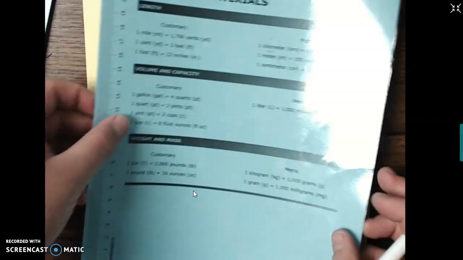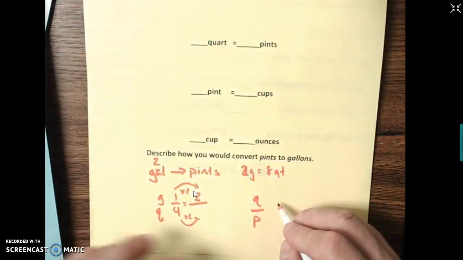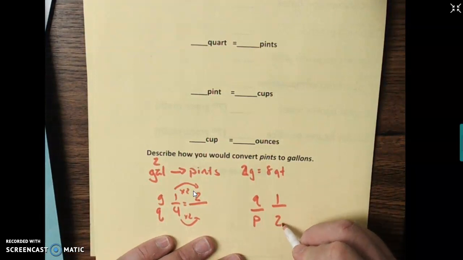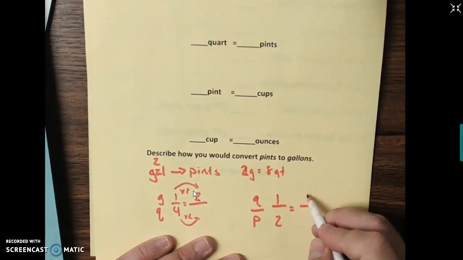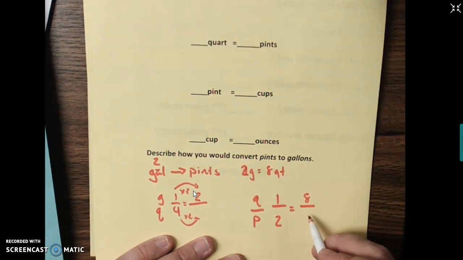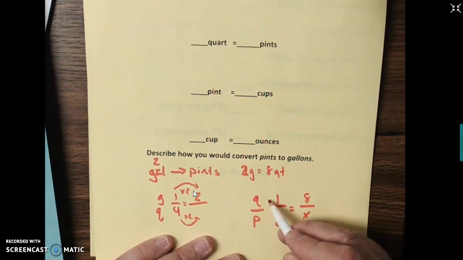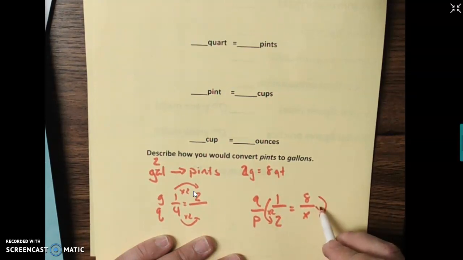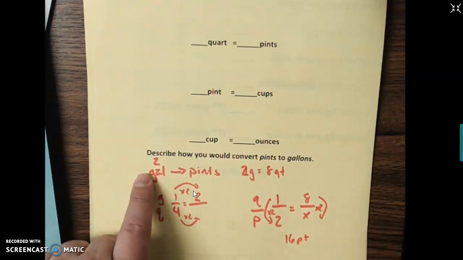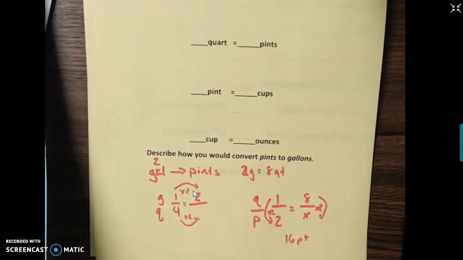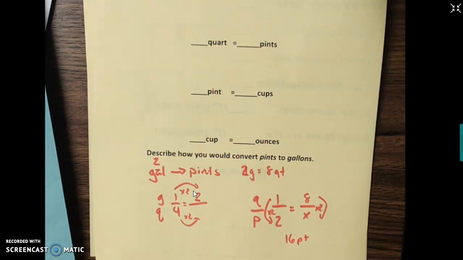It says 1 quart equals 2 pints. And I want to know how many pints are in 8 quarts. So I can find my scale factor, times 2. Times 2. There are 16 pints in 2 gallons. Okay. And that is how you would solve that problem.